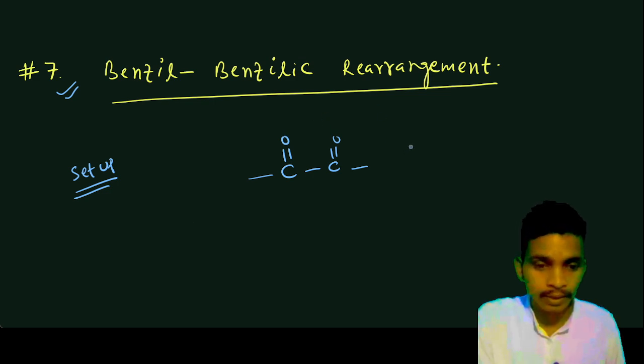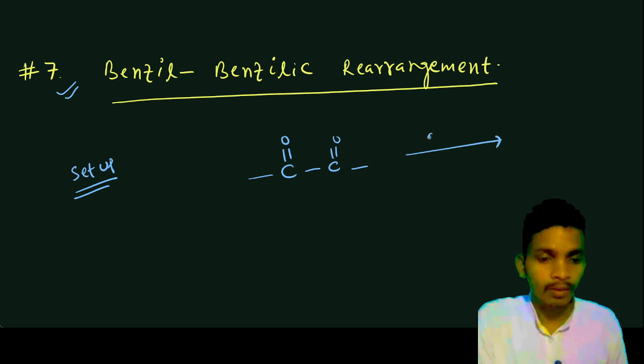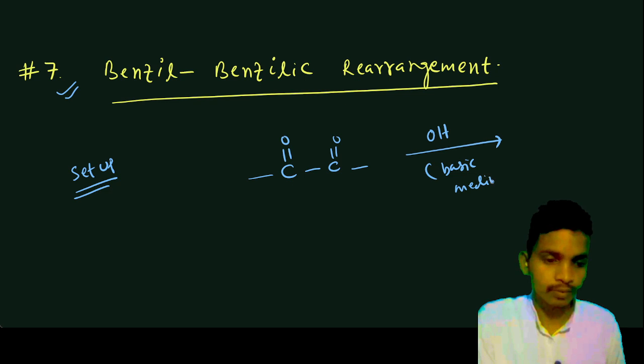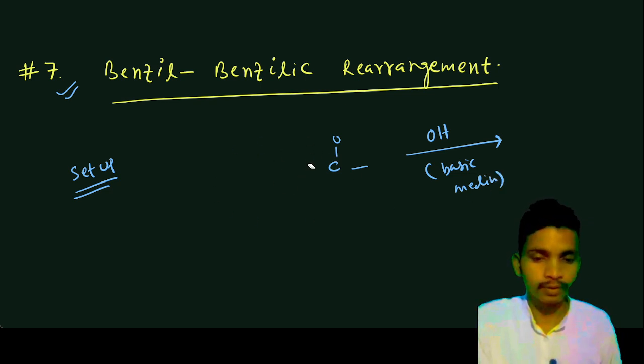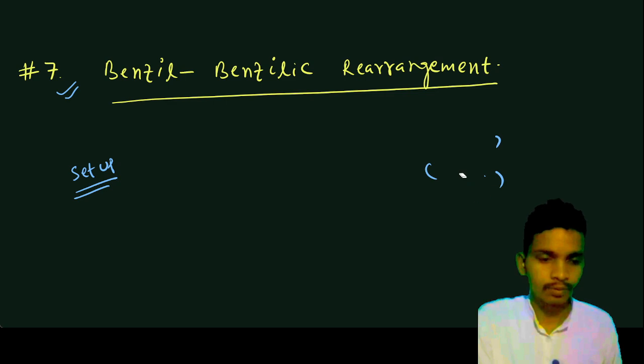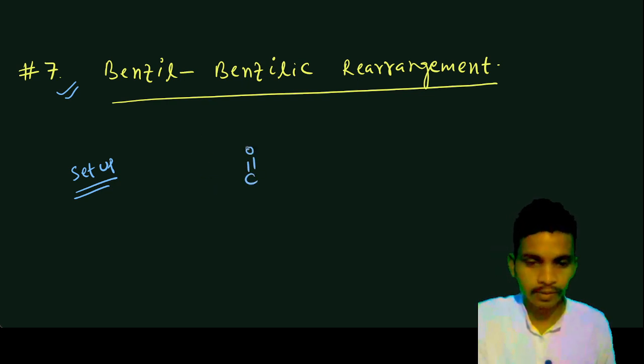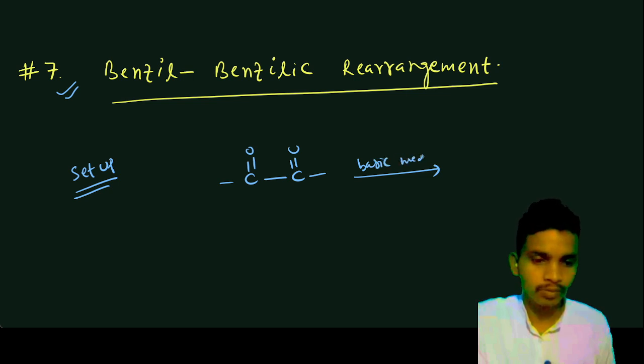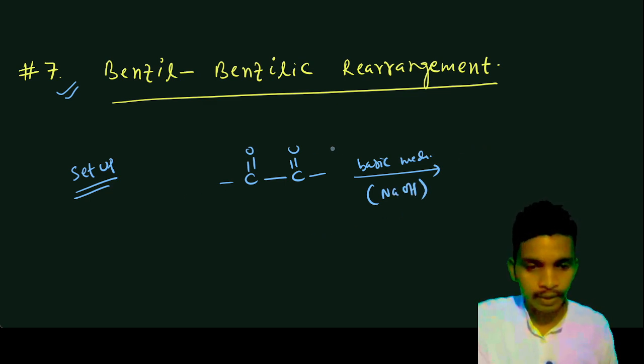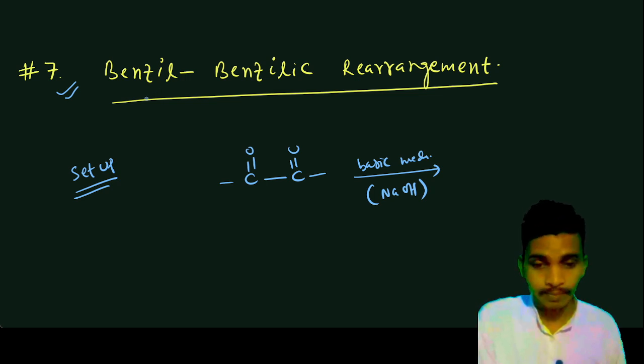Then we understand that the medium should be basic, like OH or any basic medium. Let's say NaOH is there like this. Then we understand that this is the benzilic rearrangement.